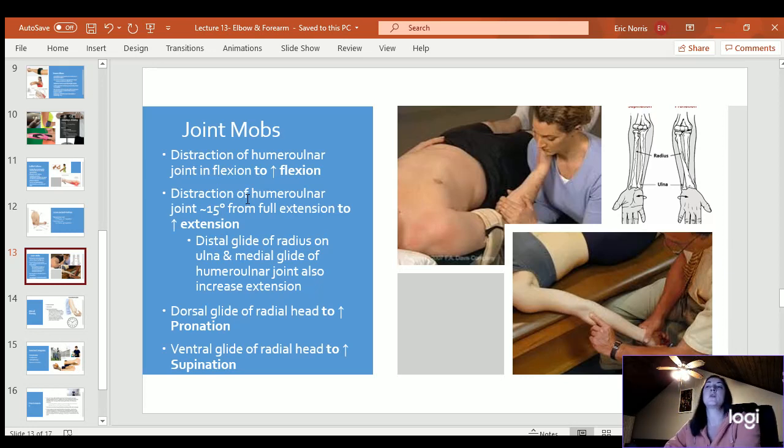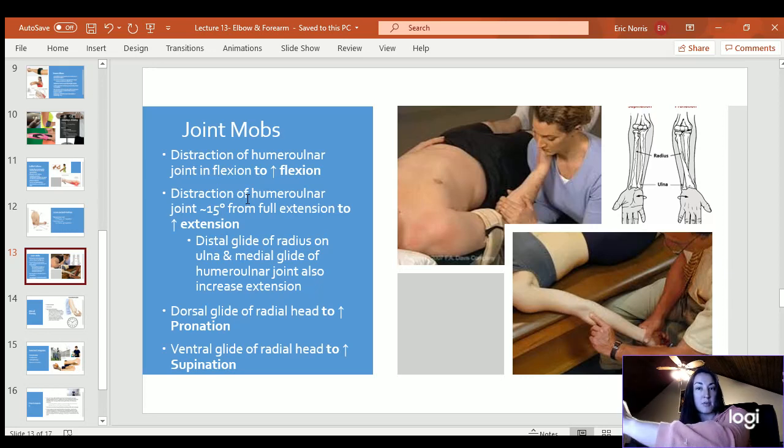And then if you're wanting to do a joint mobilization to increase pronation or supination, you would do a dorsal glide, so towards the back, to increase pronation, because if you feel when you pronate, your proximal radial head will actually push backwards.